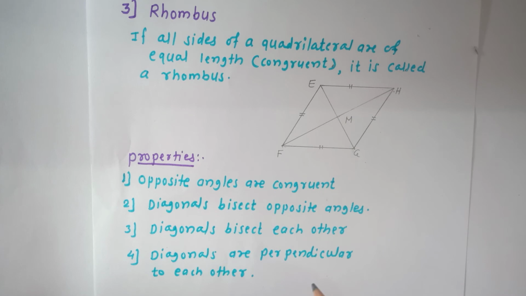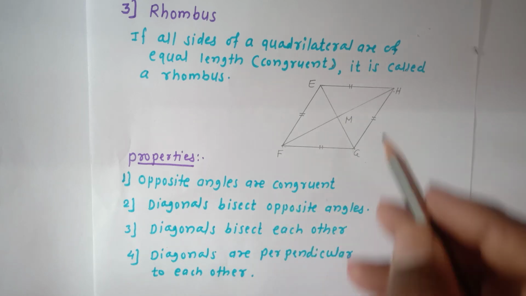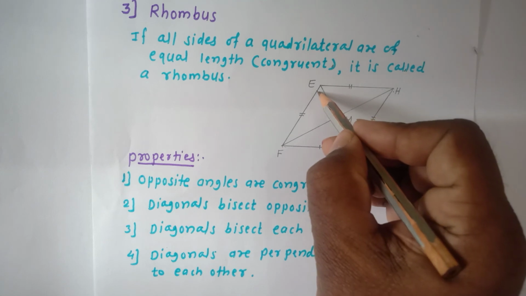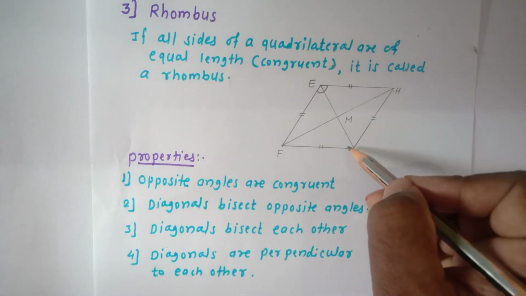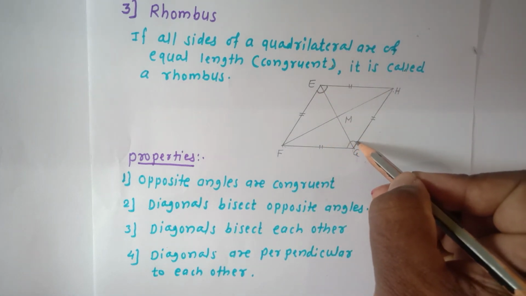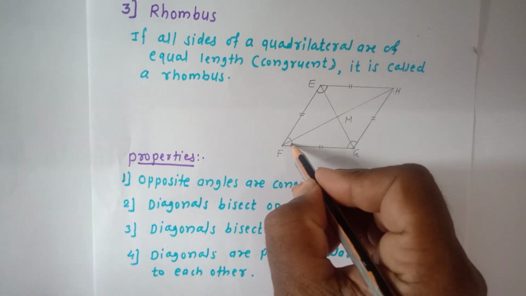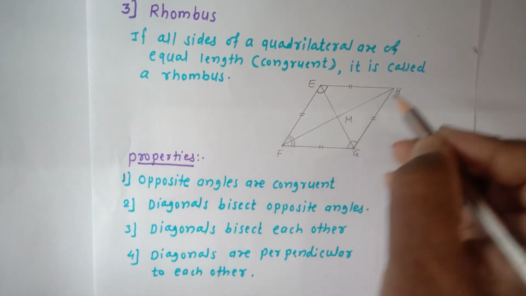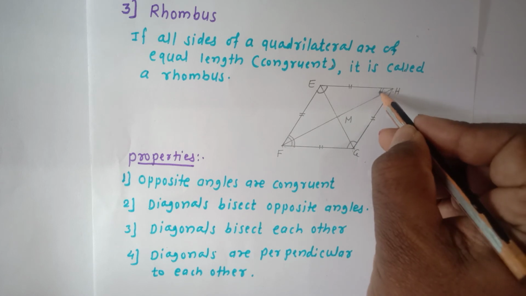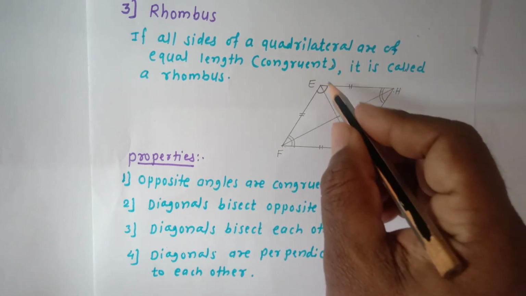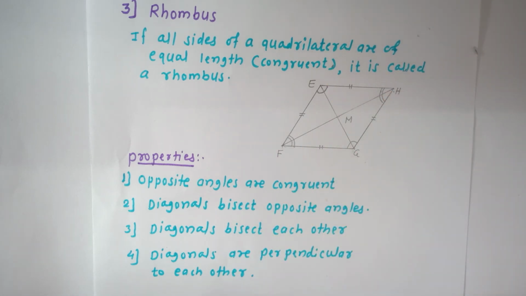Now let's see properties of rhombus. Opposite angles are congruent. This angle E congruent angle G. Also angle F congruent angle H. So opposite angles of rhombus are congruent.